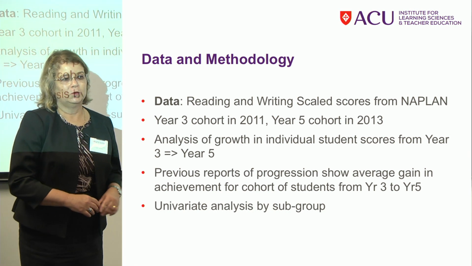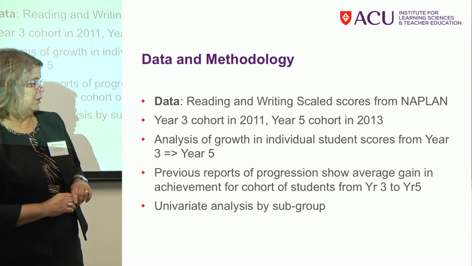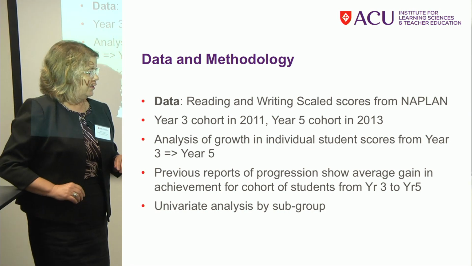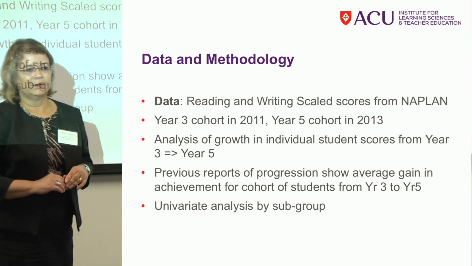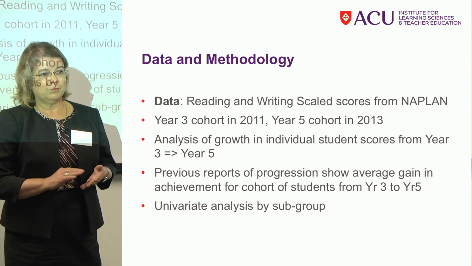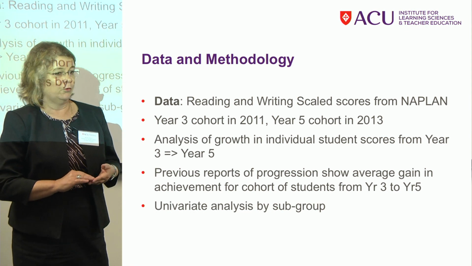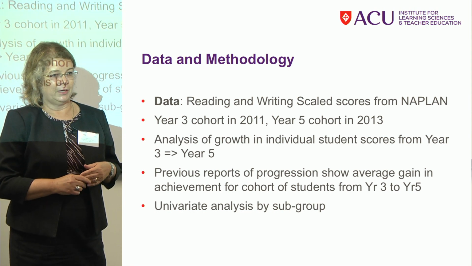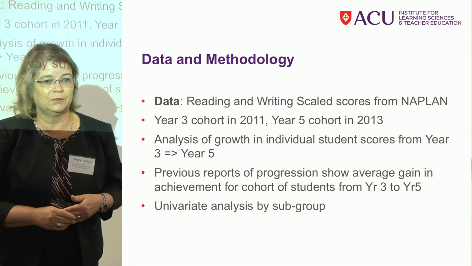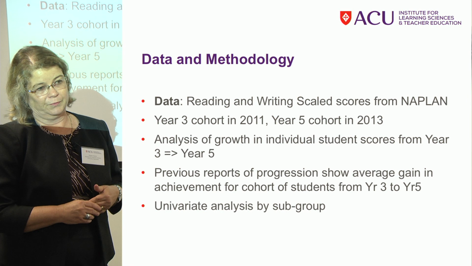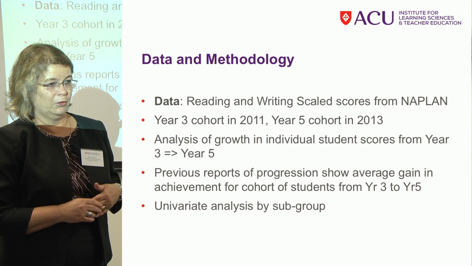And these are the total scores for reading and writing recorded in NAPLAN. The analysis that's generally reported is univariate analysis, so it just looks at change over time for subgroups. Okay, so it might be comparing change for Indigenous and non-Indigenous groups, girls and boys, and so on.